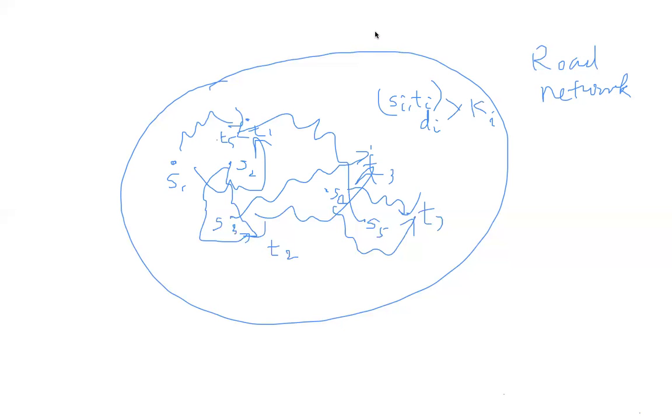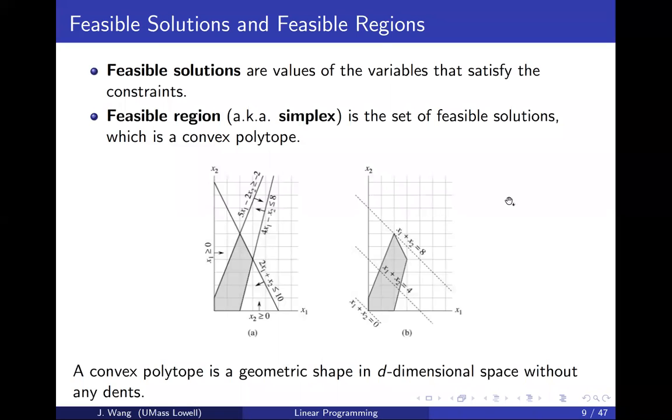So now let's move back to our slide. Now let's look at this slide. It talks about feasible solutions and feasible regions. So once again, if we have a straight line on a two-dimensional space, let's call this a x1 plus b x2 less than or equal to c.